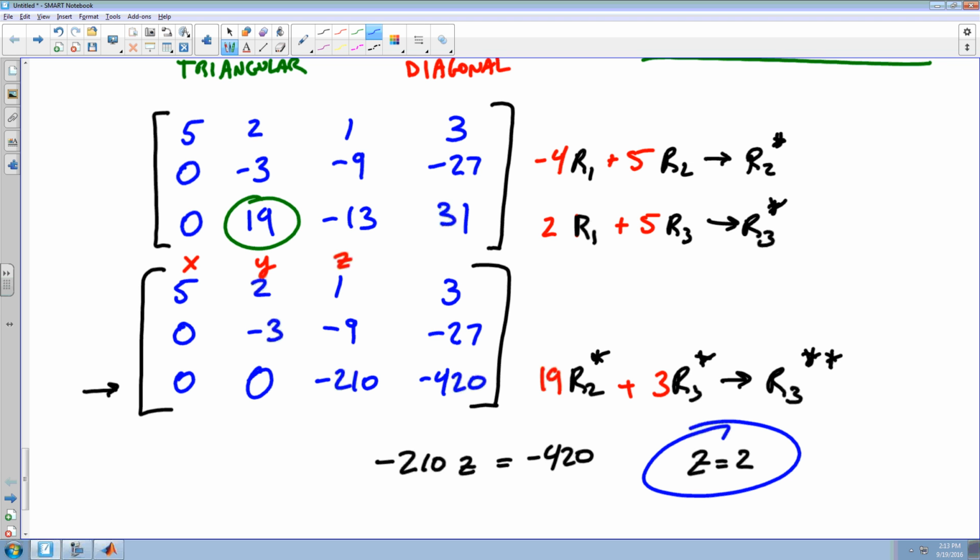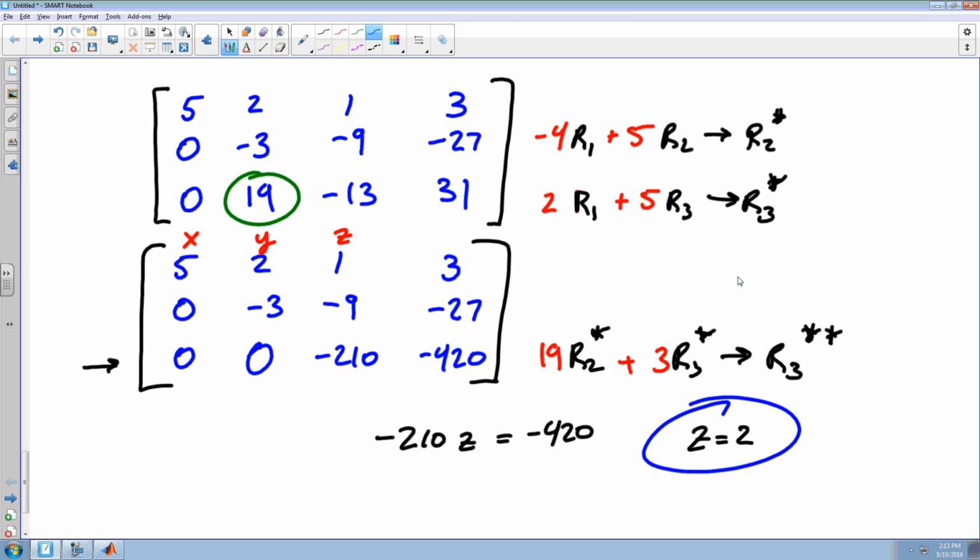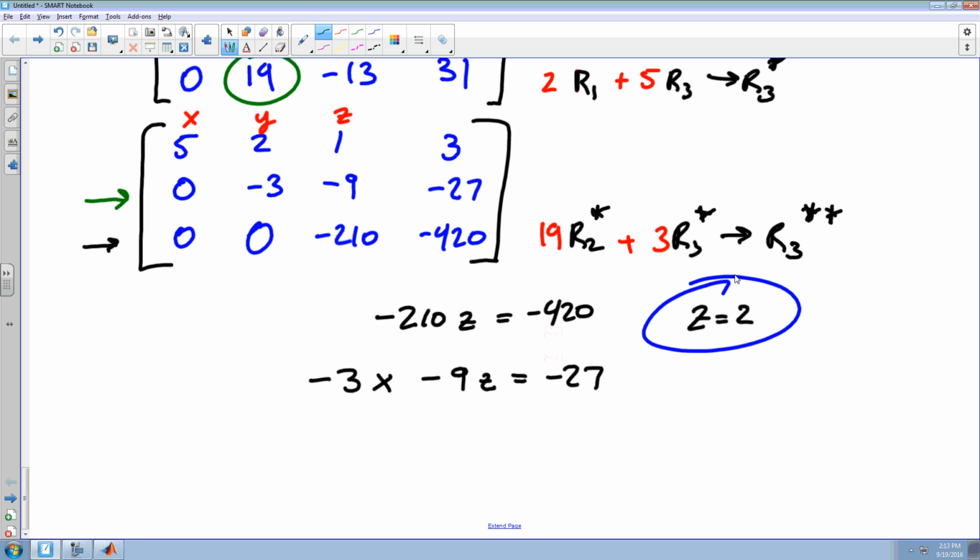Now, take a look at the second equation there, which I'm going to put a green arrow on. Right there. That equation is saying minus 3y minus 9z is equal to minus 27. That is also easy to solve. Why? Because look, I already know what z is. Minus 3y, not g.